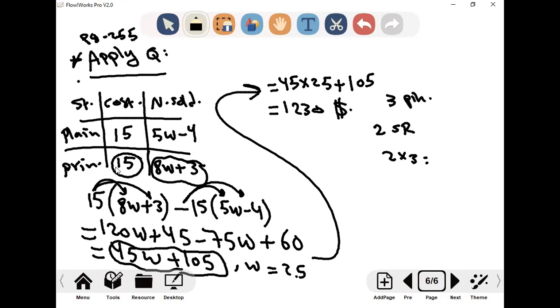The question wants us to know after 25 weeks how much more printed t-shirts than plain. How much more, I will do subtraction. When I say how much more A than B, you say A minus B, right? How much more K than T? K minus T, right?